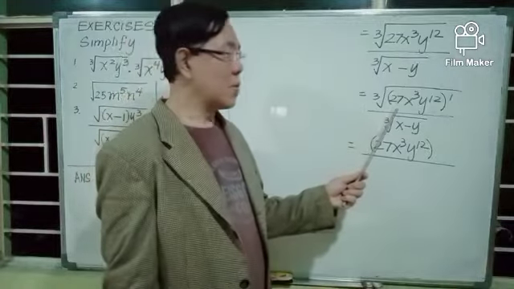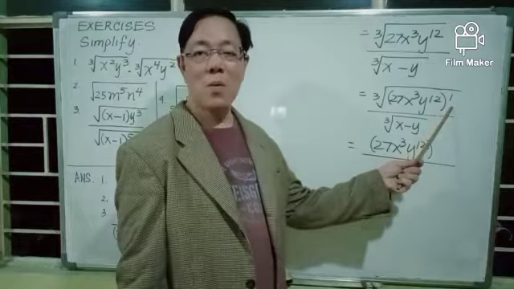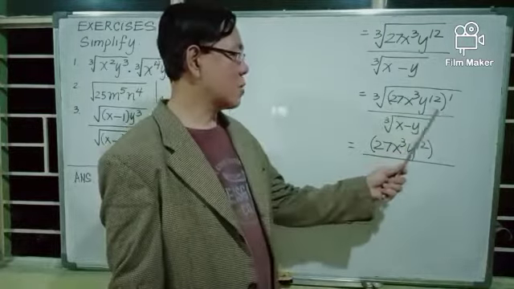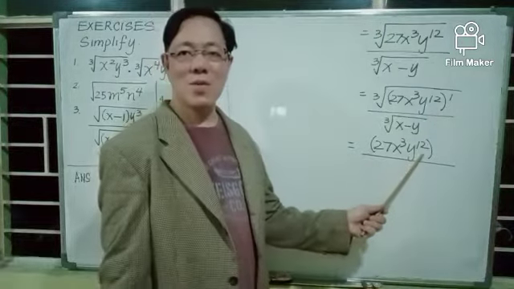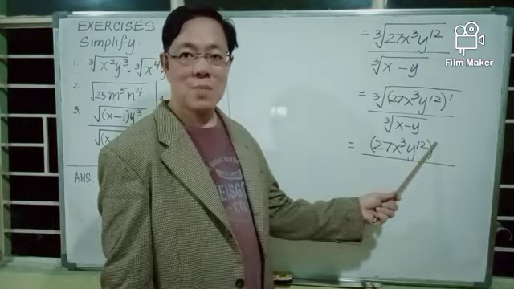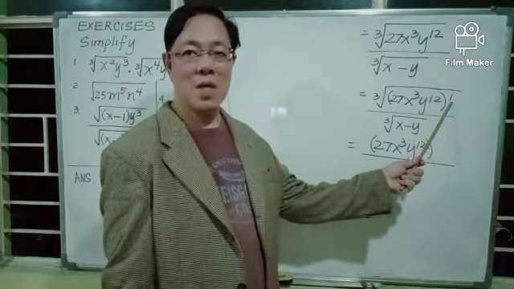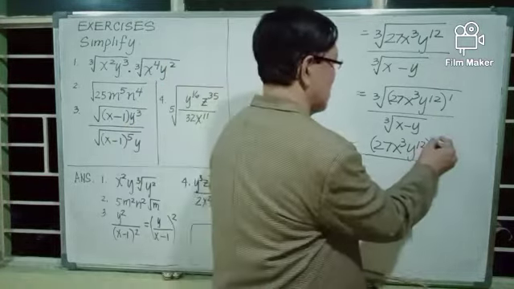The cube root of 27x cubed y raised to 12 is equal to the base 27x cubed y raised to 12 raised to a rational exponent whose numerator is equal to the exponent of the base, 1.